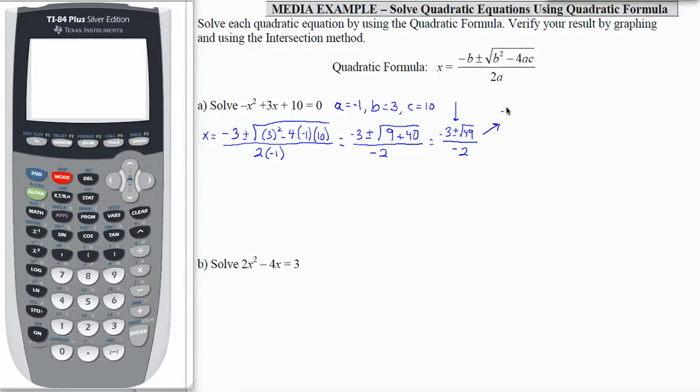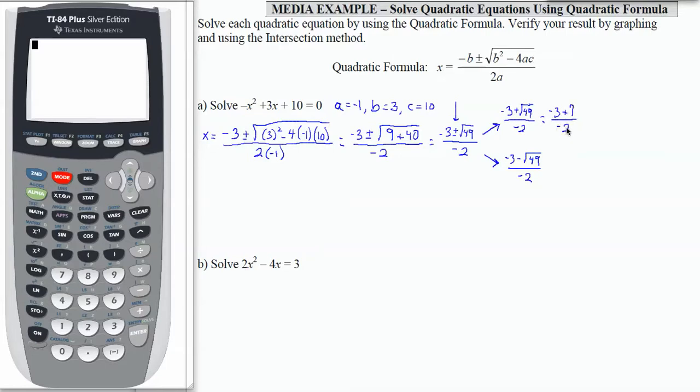I'm going to do the positive first, so that's negative 3 plus the square root of 49 divided by negative 2, and then the bottom one is going to be negative 3 minus the square root of 49 over negative 2.